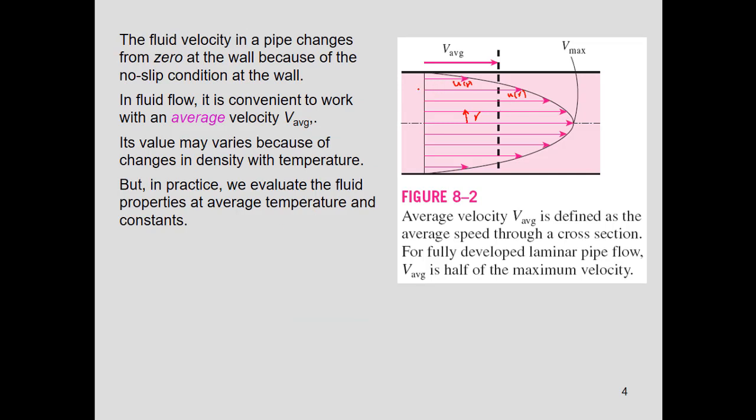Let me draw something. For example, here is the cross-sectional area. It is something like this if we change our view for different r. Now we are going to calculate the area for that, the velocity, as we write.